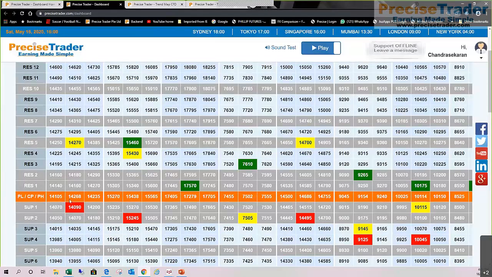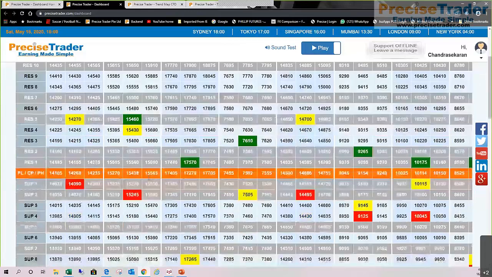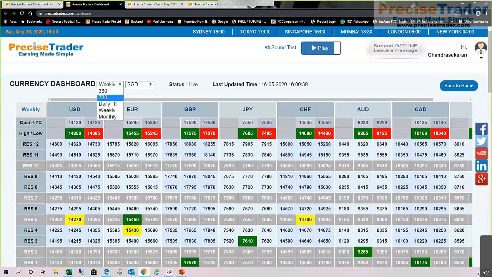So in other words, for any pullback down, the maximum we are expecting is 141.40 to 140.70. And on the high side, we are expecting 143. Let me see on the monthly.